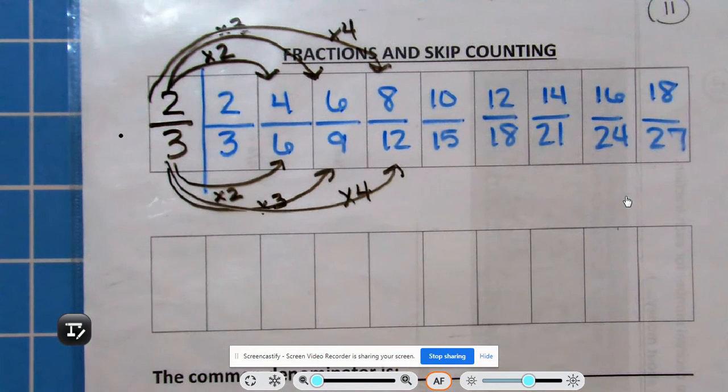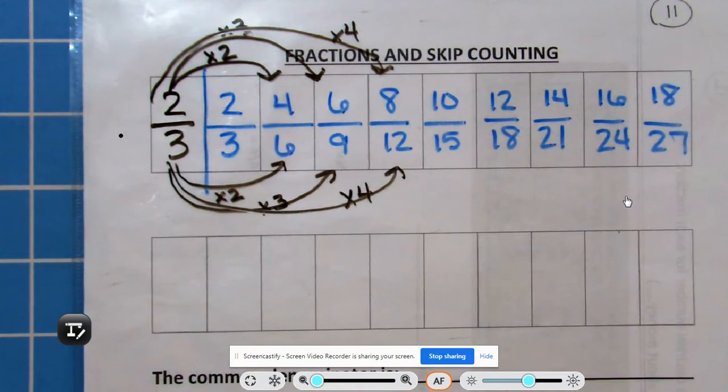So we are multiplying the numerator and denominator by the same amount.